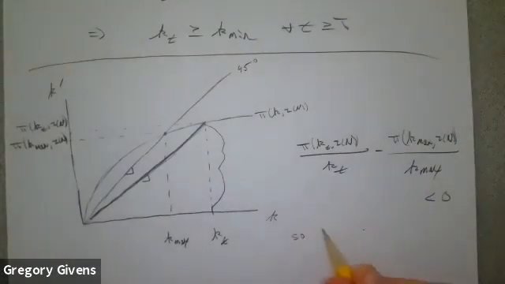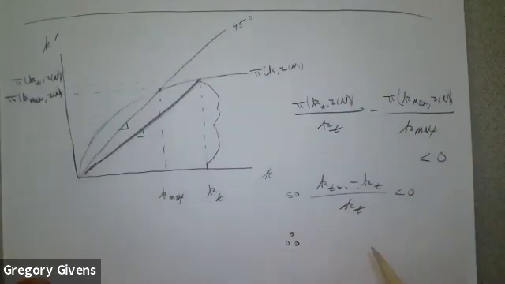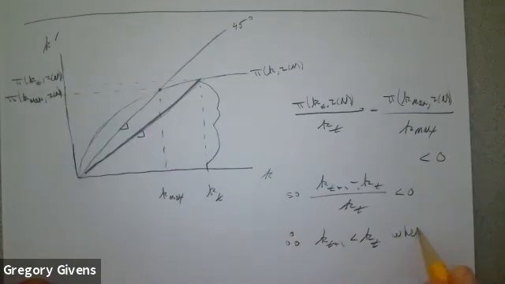So K_{t+1} minus K_t over K_t is less than 0. Therefore, K_{t+1} is less than K_t when K_t is bigger than K max.